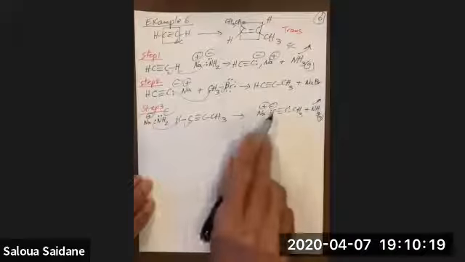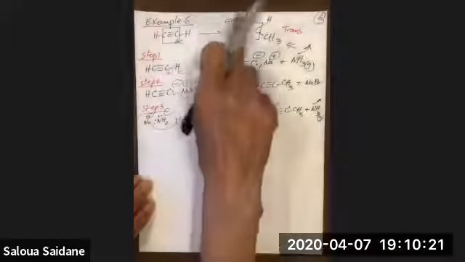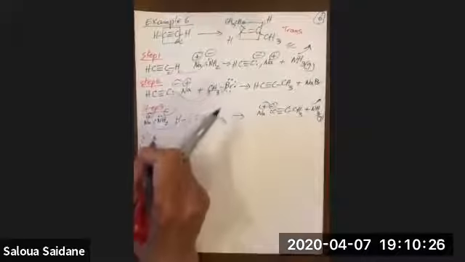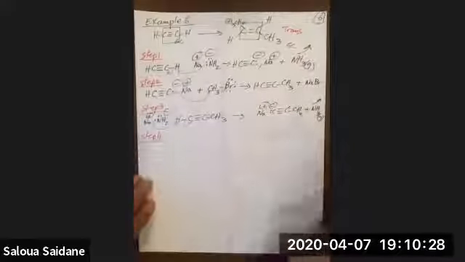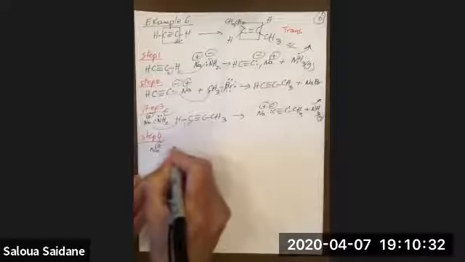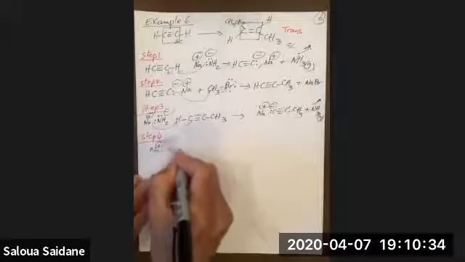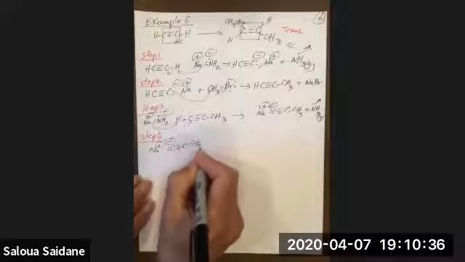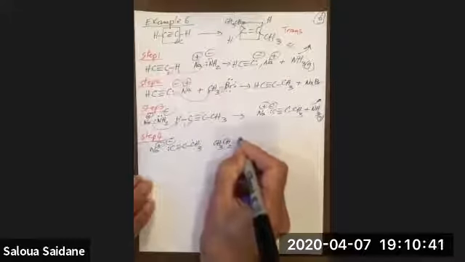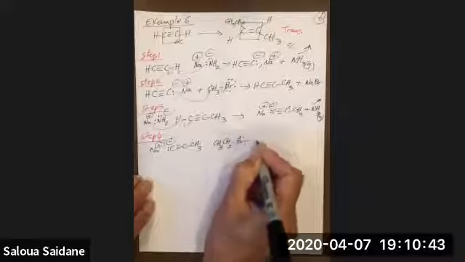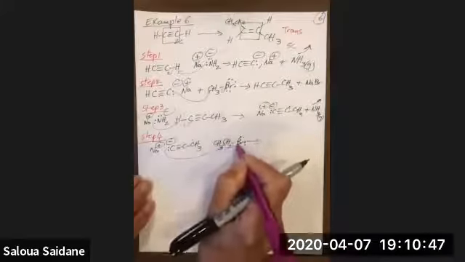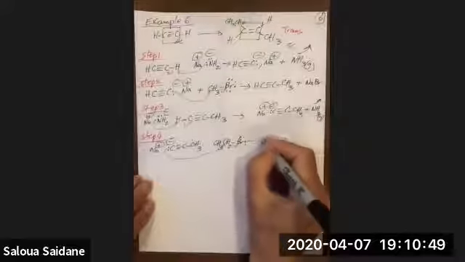And now we're going to attach on this side the ethyl group. Step 4. So this grabs the ethyl, the bromine takes off.